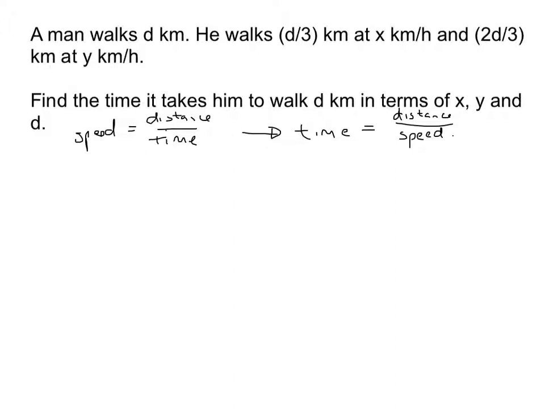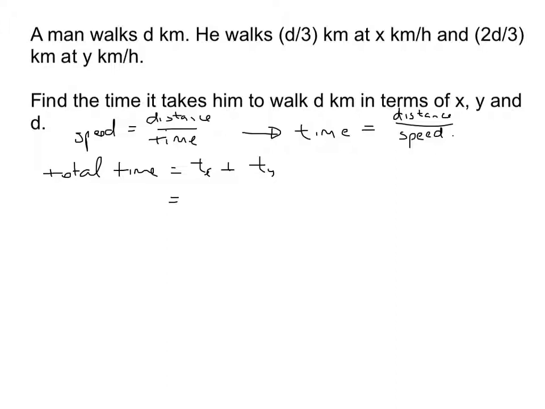The total time will equal the time travelling at x kilometres an hour plus the time travelling at y kilometres an hour, which is distance over speed for the x component and distance over speed for the y component.